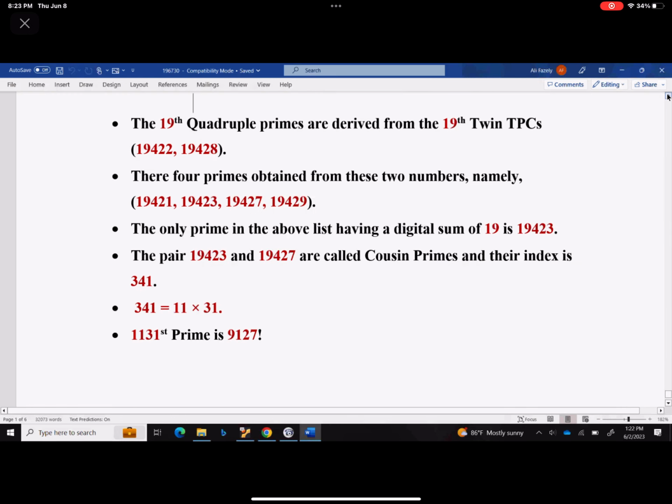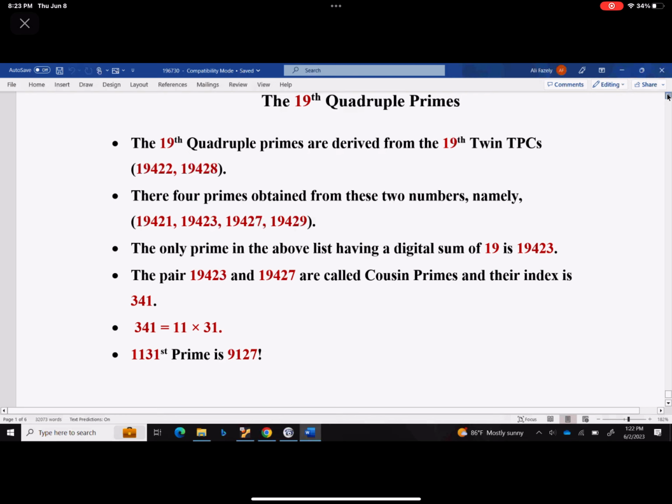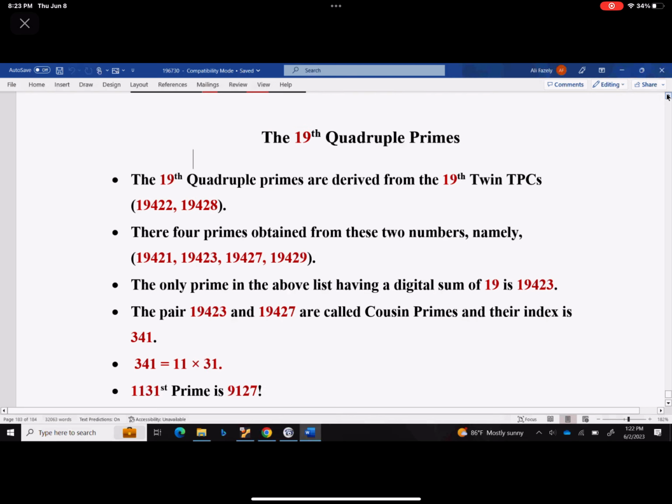Okay, so what I want to do is go to the 19th quadruple primes. The 19 quadruple primes are derived from the 19th twin TPC. Remember, I talked about TPCs a long time ago, in the 90s actually. I was much younger.